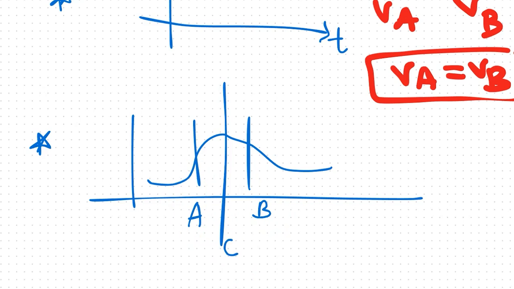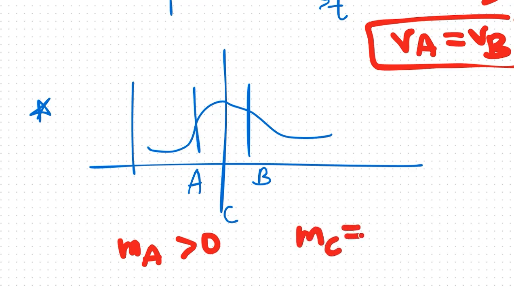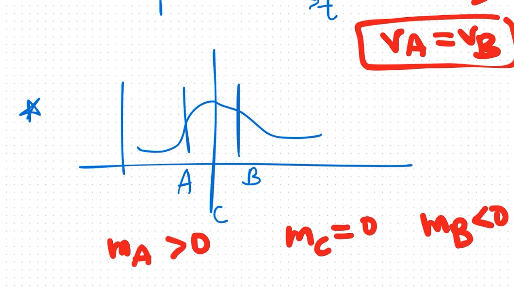So at point A, the slope is positive because the function is increasing. At point C, the slope would be 0. And then at point B, since the function is technically decreasing, the slope would be negative. So it's not about increasing or decreasing, okay?